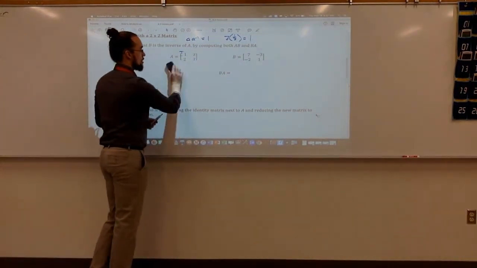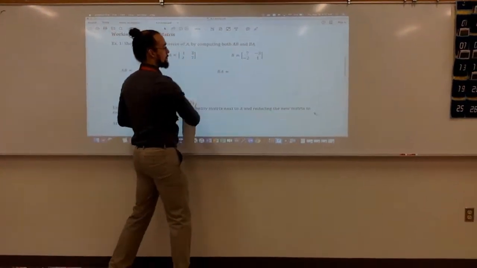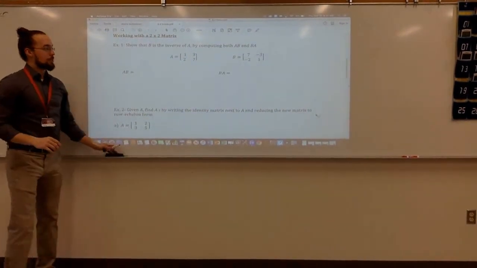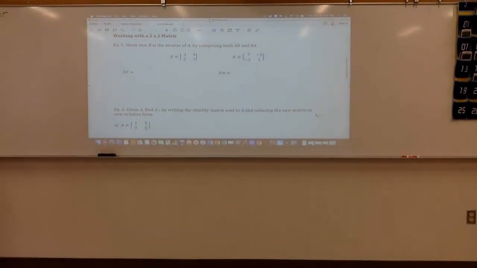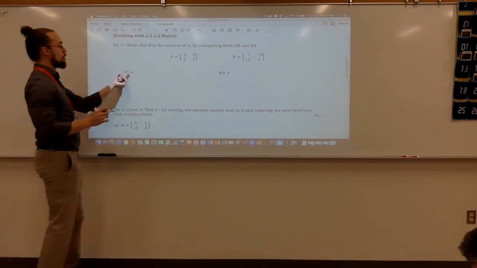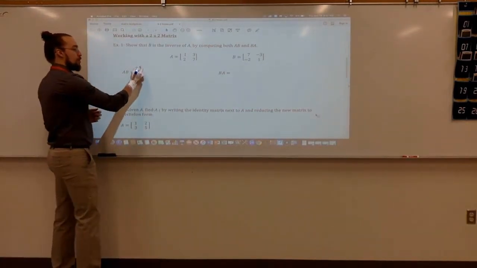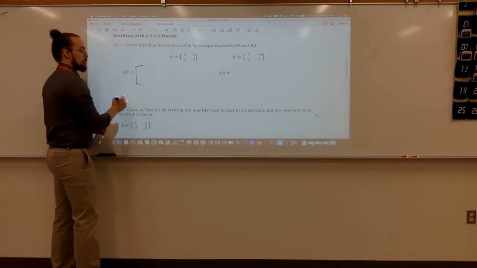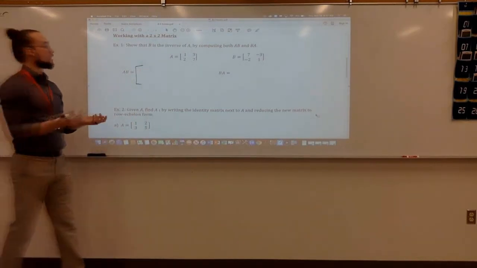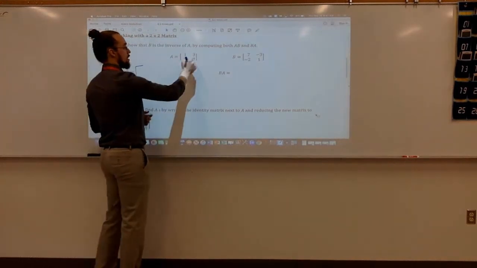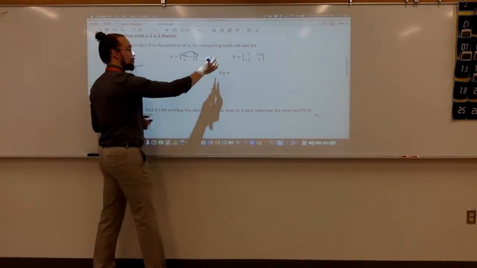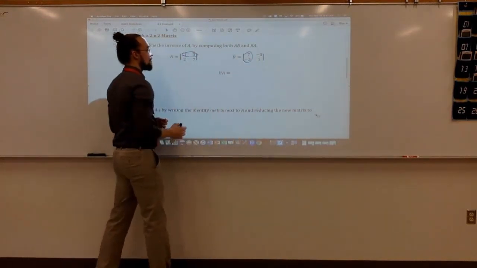So let's try that here. I've got matrix A and matrix B. First, I want to multiply A times B. To do that multiplication, which is what we just practiced, I'm going to multiply the first row by the first column.